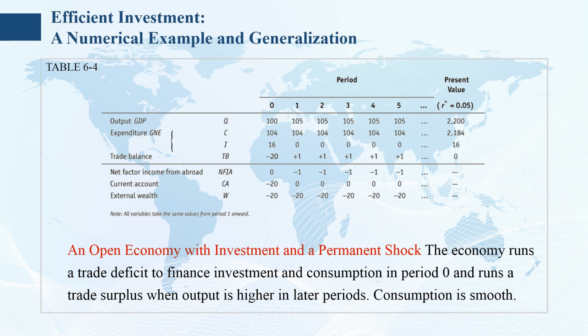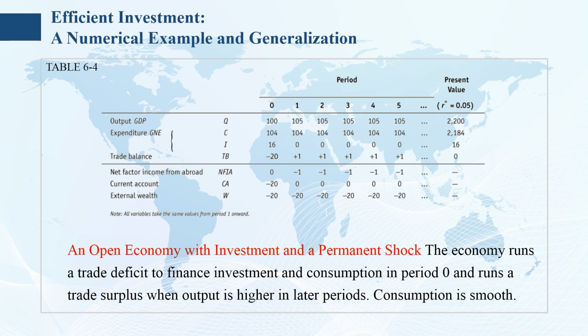As a perpetual note with an interest rate of 5%, this debt of 20 must be serviced by net interest payments of minus 1 in each subsequent year if the LRBC is to be satisfied. The interest paid of minus 1 offsets the trade surplus of plus 1 each period forever.